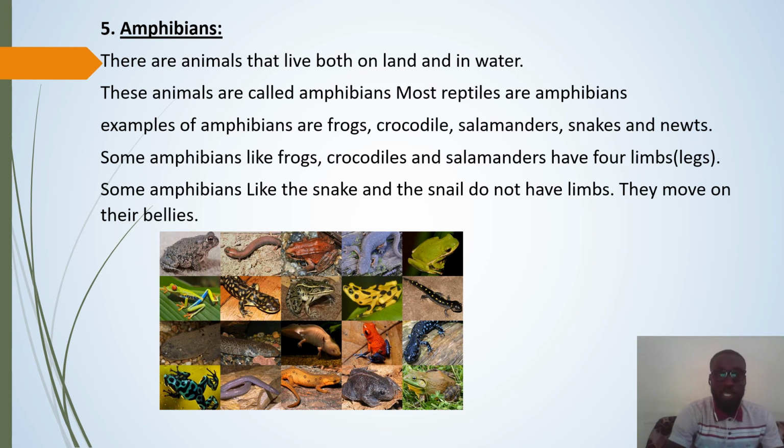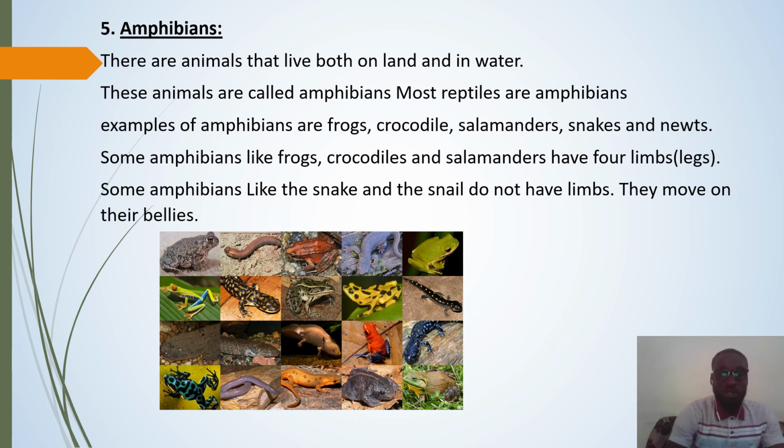Some amphibians like frogs, crocodiles, and salamanders have 4 limbs or legs. Some like the snake and the snail do not have limbs or legs. They move on their bellies, or they crawl. Looking at the picture, you can see some types of amphibians there.